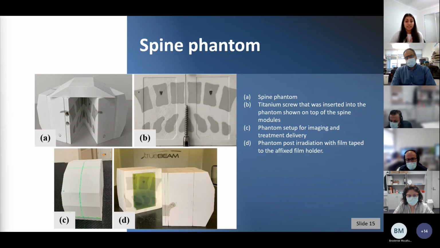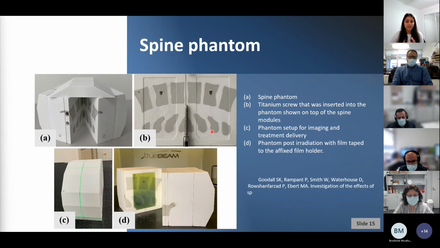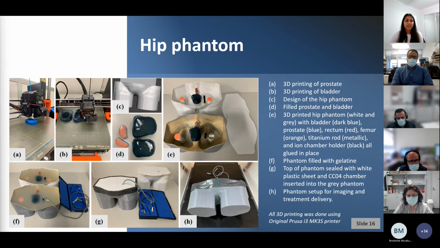And 2 such phantoms were constructed, one with titanium screw inserted and the other with no metal inserts. And more information about the design and printing of this phantom is available in the Goodall et al. paper published in 2021. And the second phantom, which is constructed purely for this study, replicated the pelvic region.